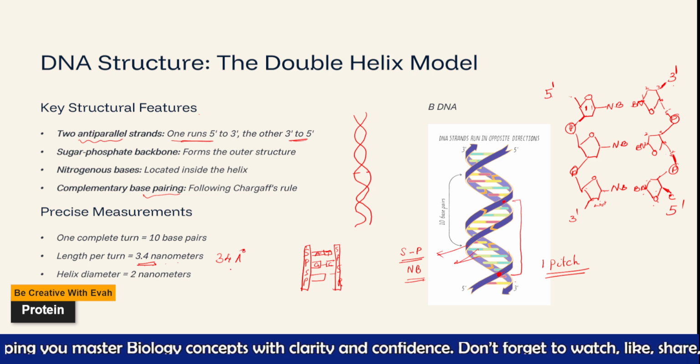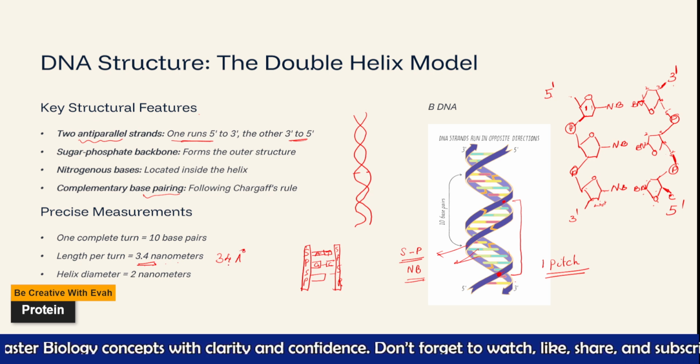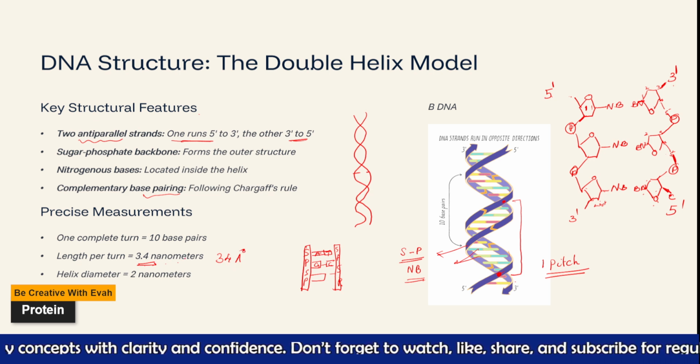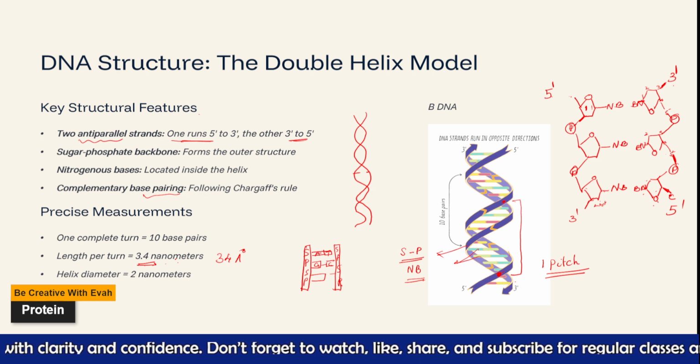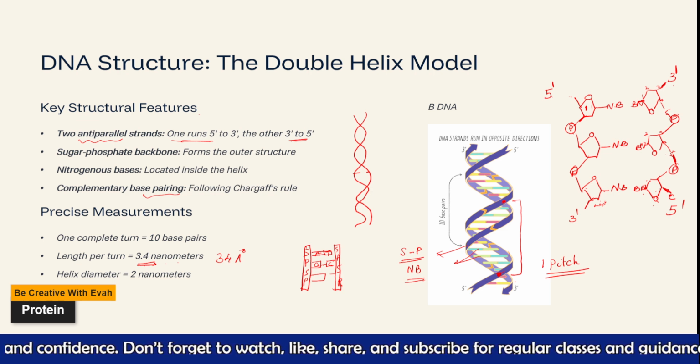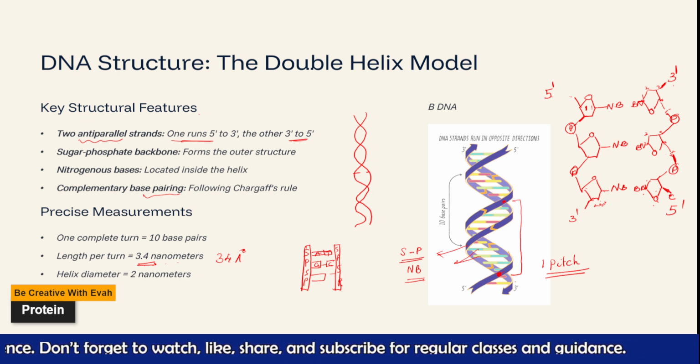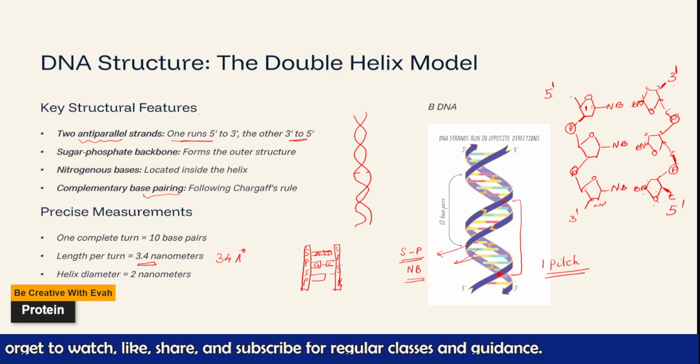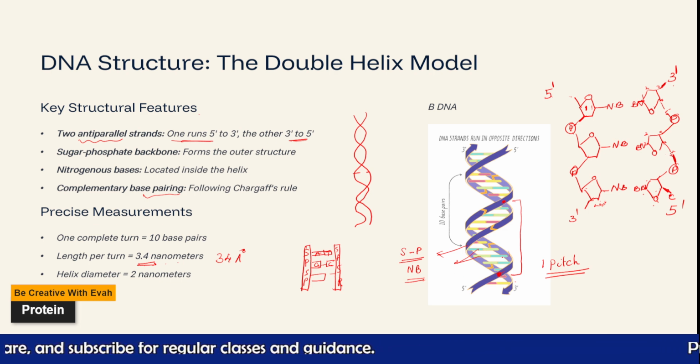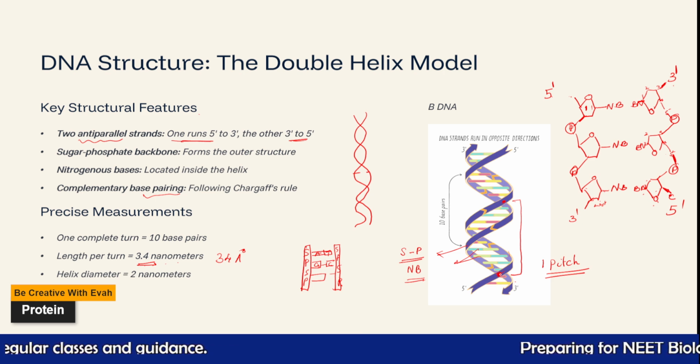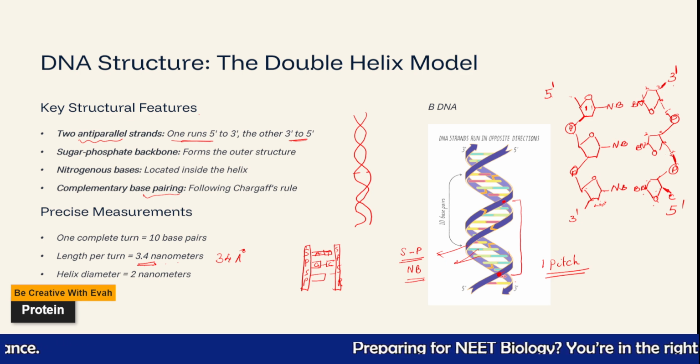Remember these numbers. Sometimes in the options they will give angstrom instead of nanometer. So what is pitch? The complete one full turn in the spiral staircase is called one pitch, and the length of one pitch is 3.4 nanometers.